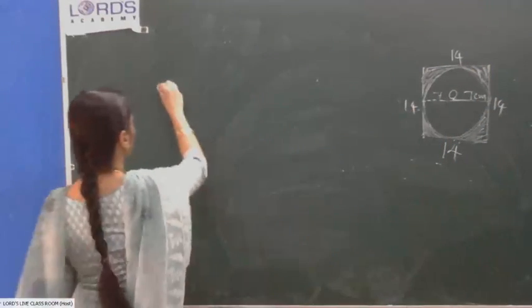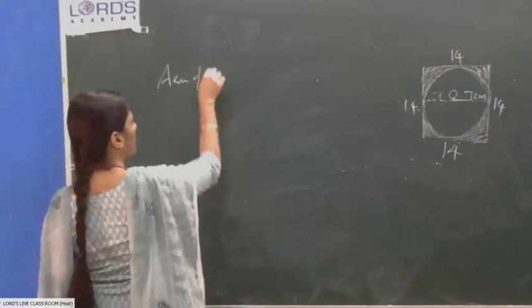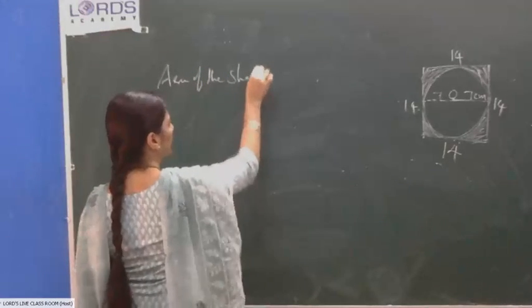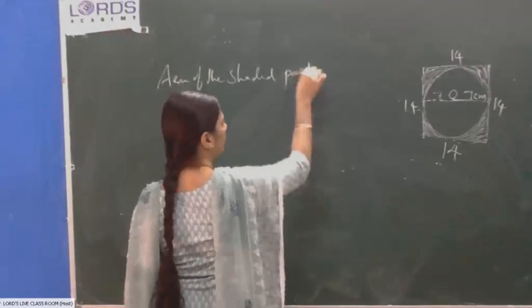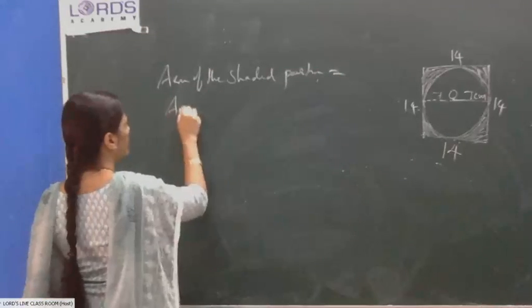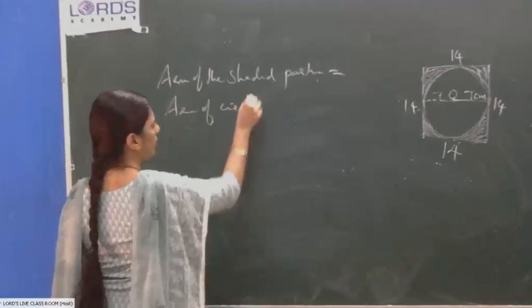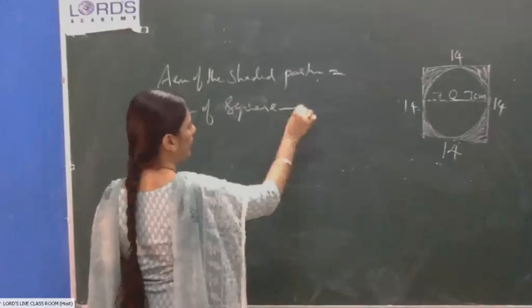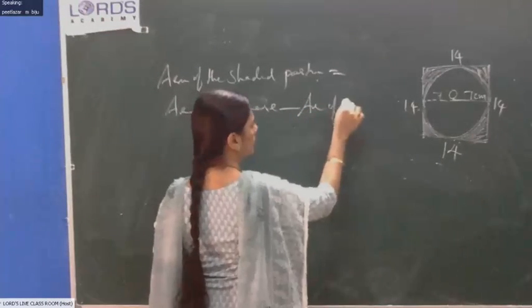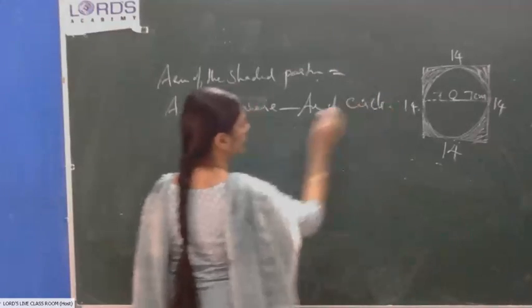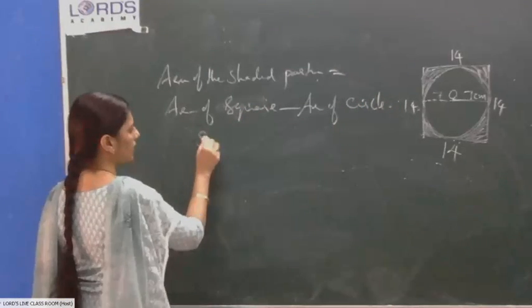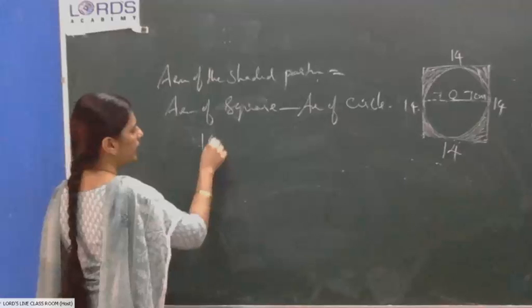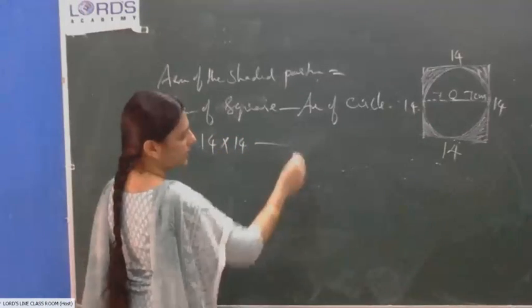Okay, you write. First you have to write area of the shaded portion equal to area of the square minus area of circle. Area of a square is side into side, that is 14 into 14, minus area of circle.